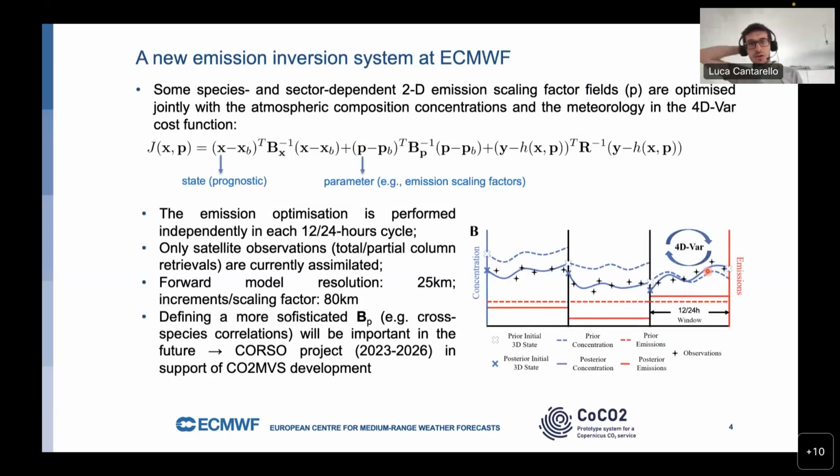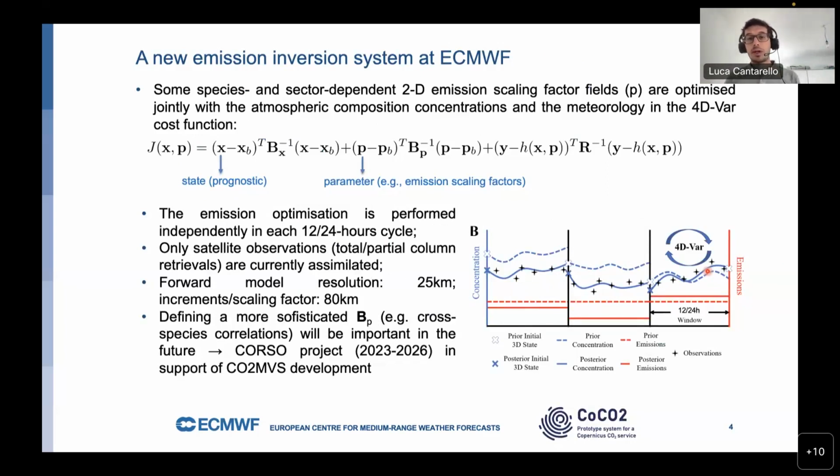So how does the new emission inversion system work? As I said, the assimilation scheme in the IFS compo currently only optimizes the concentrations. And the idea here is that we can add a 2D emission scaling factor field, which is species and sector dependent.